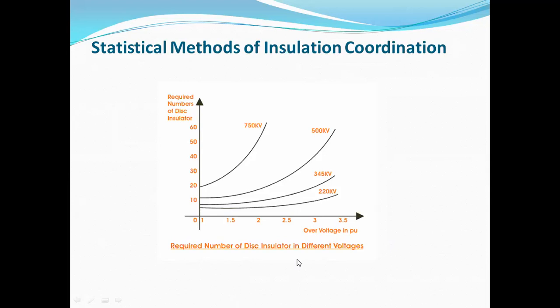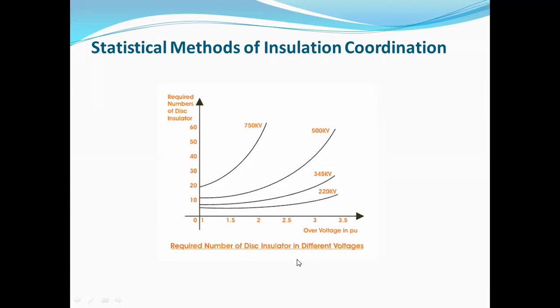We know that when we are considering the insulator between the transmission line and the tower point, we are connecting the insulators, and these insulators have discs.